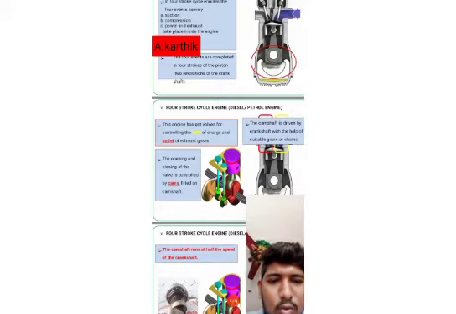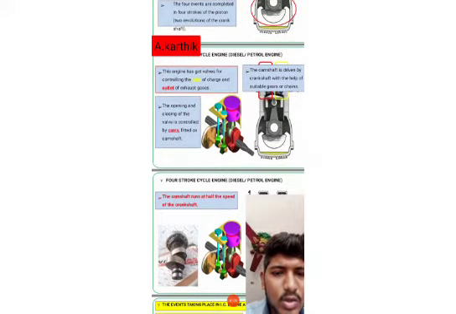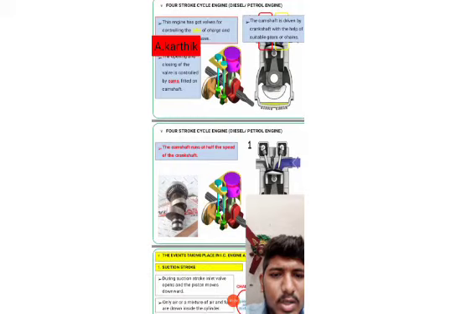The opening and closing of the valves is controlled by cams fitted on the camshaft. The camshaft is driven by the crankshaft with the help of suitable gears or chains. The camshaft runs at half the speed of the crankshaft.